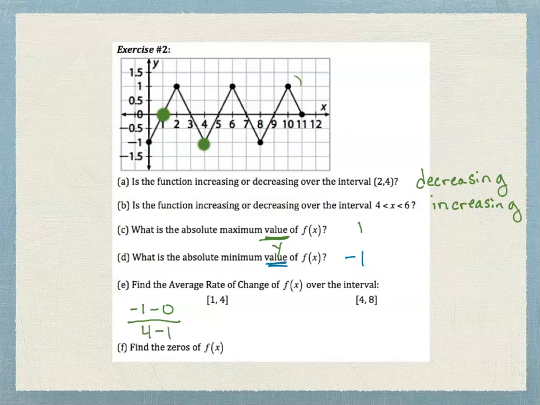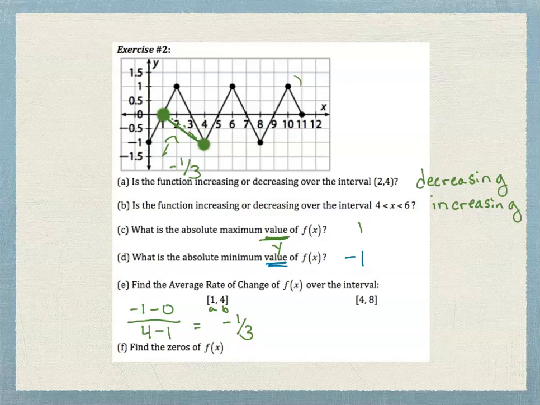This is f of b minus f of a over b minus a, where 1 is my a and 4 is my b. If I clean this up, I get negative 1 over 3. So my average rate of change over that first interval is negative 1/3, which means that it's decreasing from here to here. And if I were to connect these two points with a line, the slope of that line would be negative 1/3.